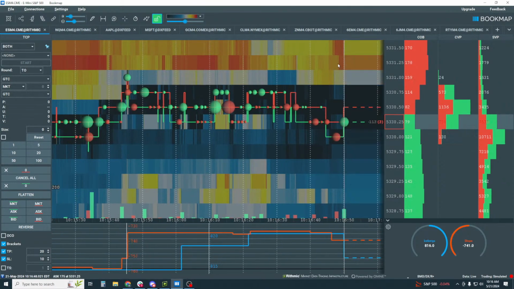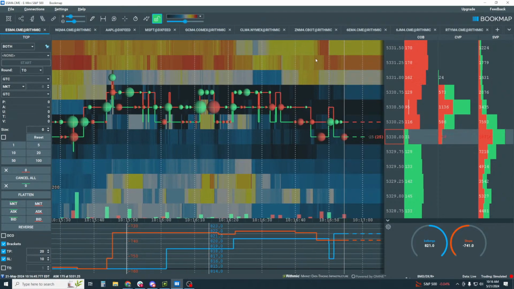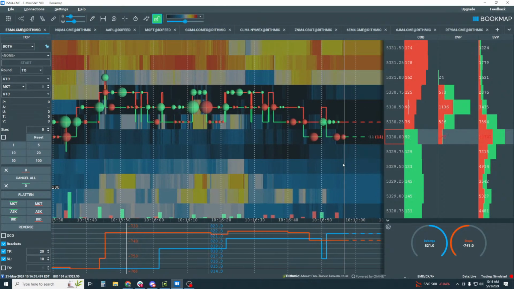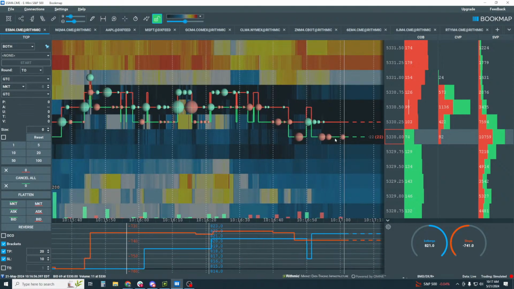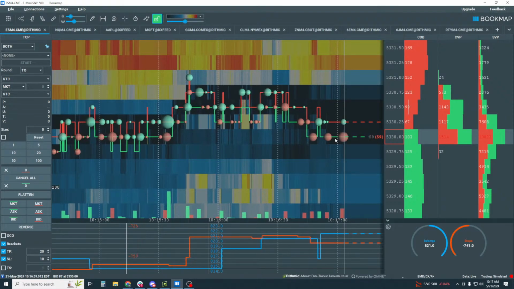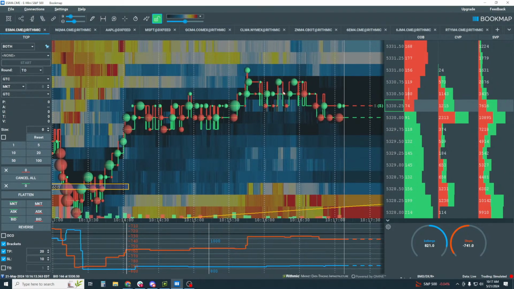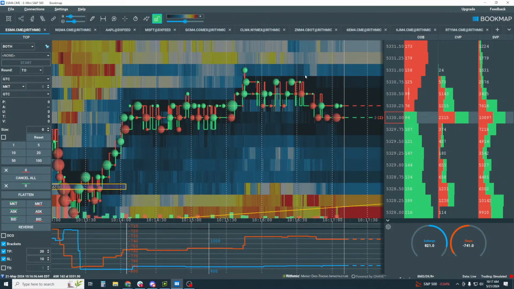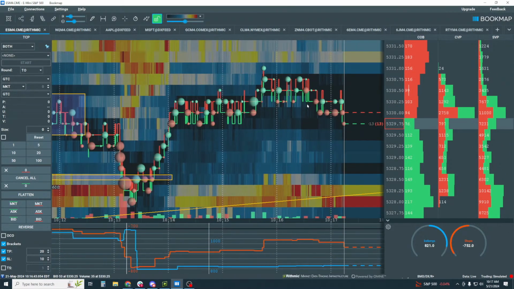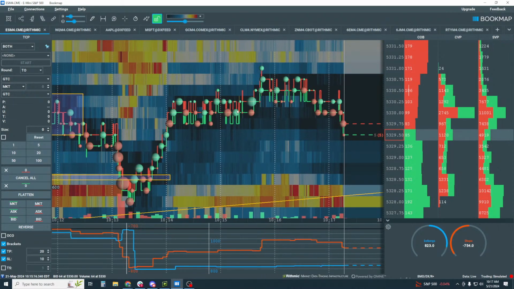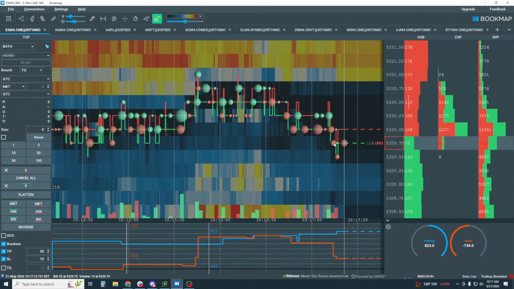Okay, so this auction process between the limit or passive orders on the offer up here versus the bid down here, and the reaction by the aggressors, this is what creates the structure. This is what creates everything. Many of the indicators are based off of these three elements. Okay, so Bookmap is very plainly showing you this data directly.